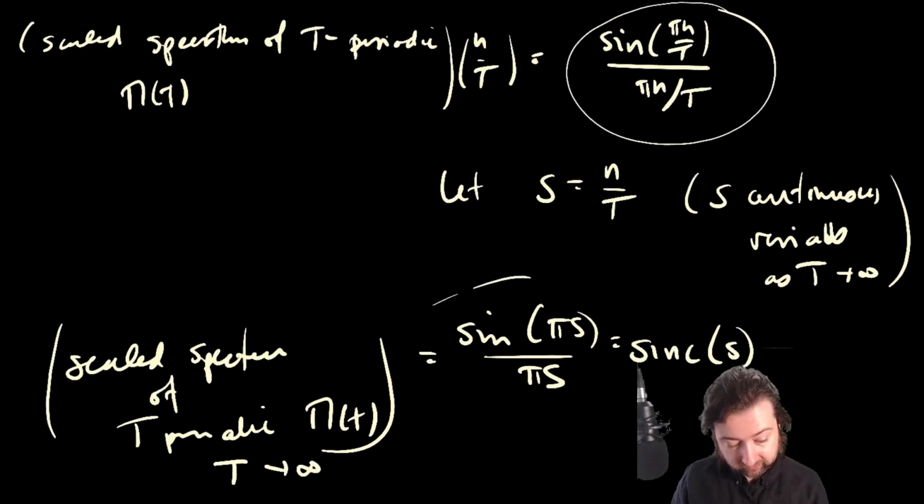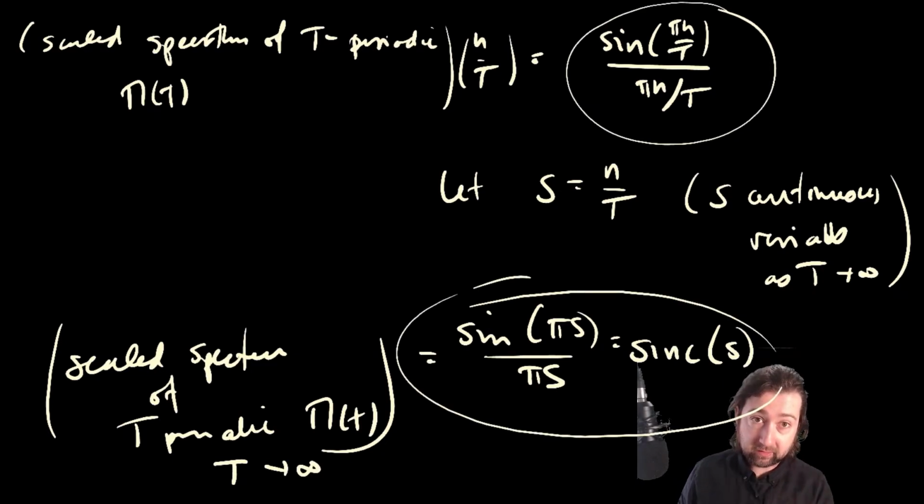Then we get this. And that thing right there, that is the continuous spectrum of a non-periodic function. So this thing right here is what the spectrum of a function looks like. That is, the Fourier coefficients are not just a bunch of dots anymore. They're a continuous function where every possible real number appears as a frequency. And if you plot that function, what you end up with is the curve that illustrates the dots.